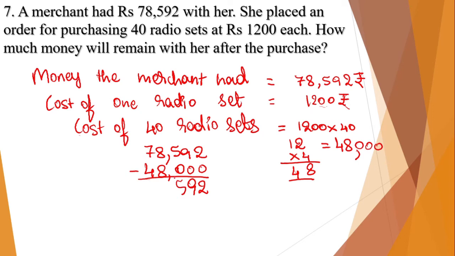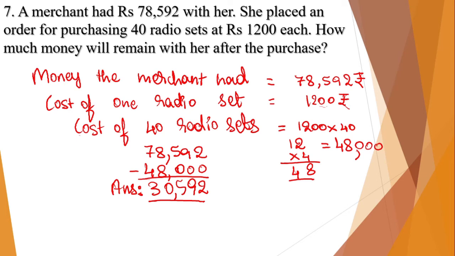Now 8 minus 8 is 0 only. And 7 minus 4 is 3. So we got our answer as 30,592. So this is the difference. Right. So our answer will be 30,592.